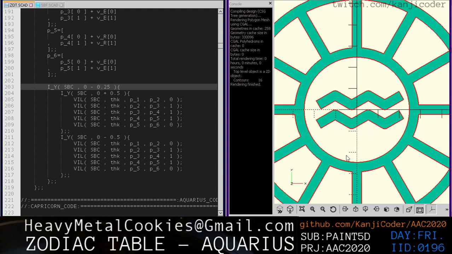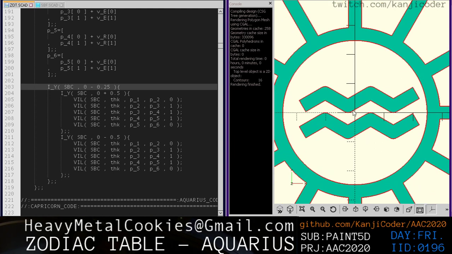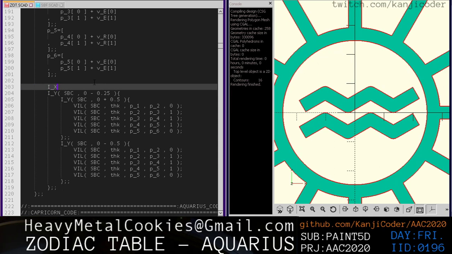So the next thing is that this needs to be a little bit more centered on the x-axis. So I'm thinking that we just need to get this plunge line kind of between this point and that point, right? And I don't know exactly how we're going to do that. I think we'll just kind of guess and check, right? So SBC 0 minus 0.25.